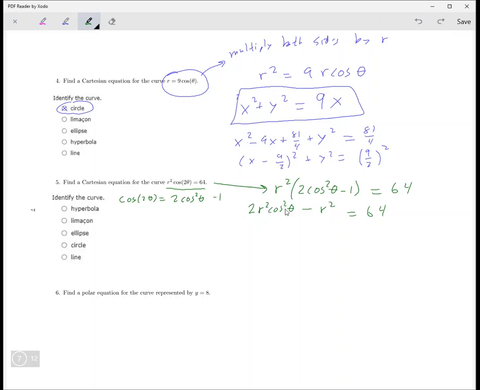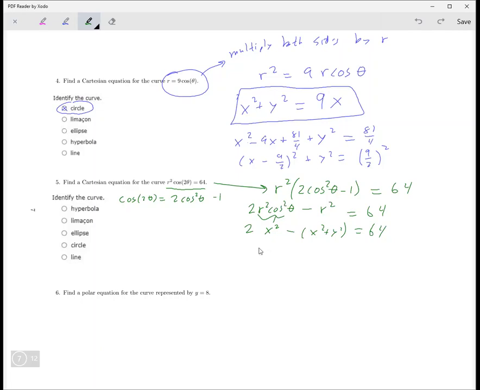Okay, r squared cosine squared theta, that's just x squared, right? Because r cosine theta is x, and the r and the cosine are both squared, so that's just x squared. And then r squared is x squared plus y squared.